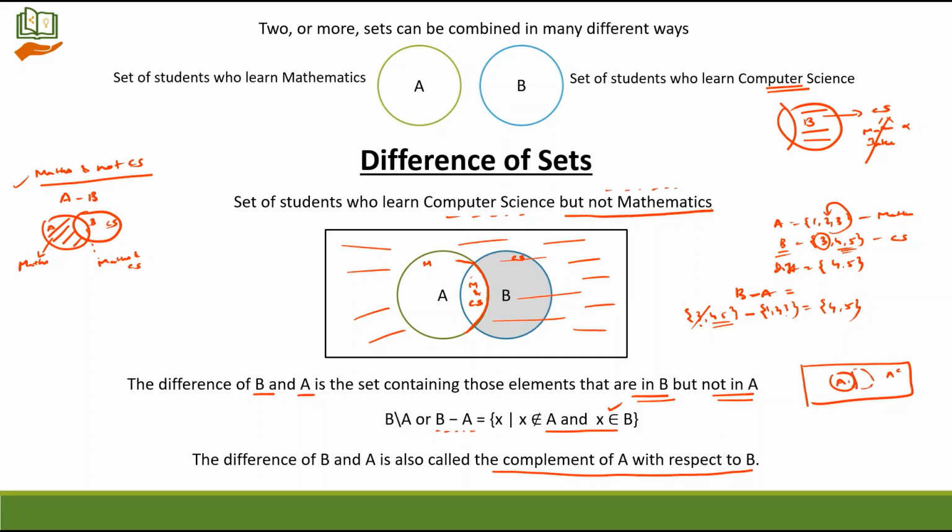I am going to consider only this part. For difference, it means it is A's complement but with respect to B. So if it is A minus B, we can say it is the complement of B with respect to A. You have to know in what angle it is connecting to complement because questions may even arise from these statements.